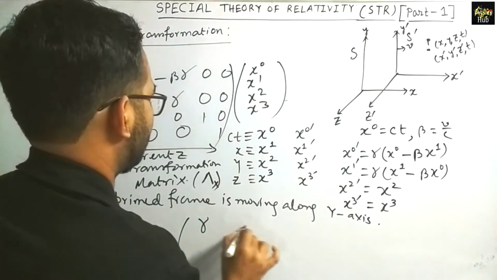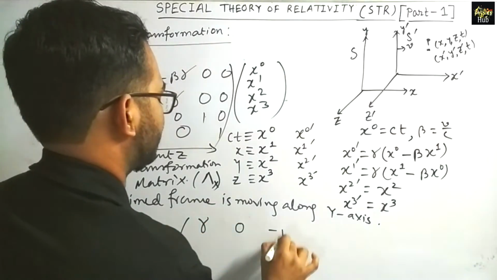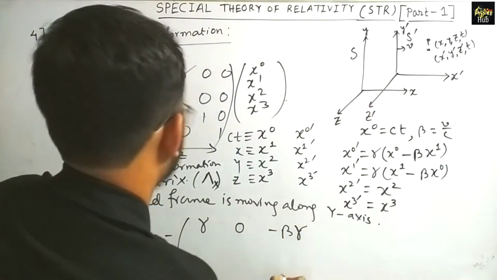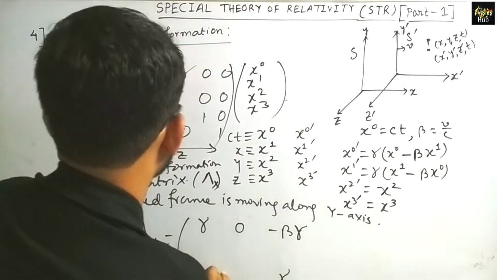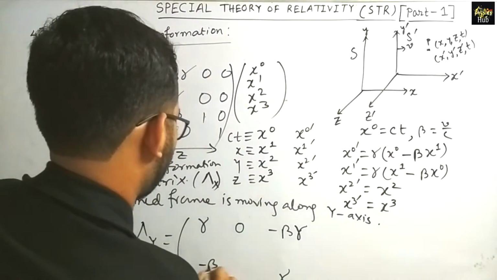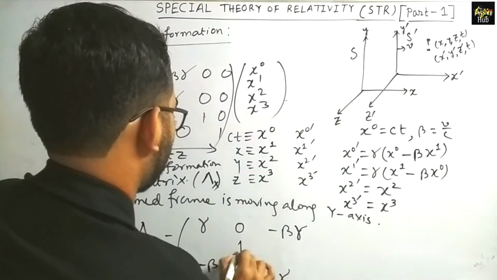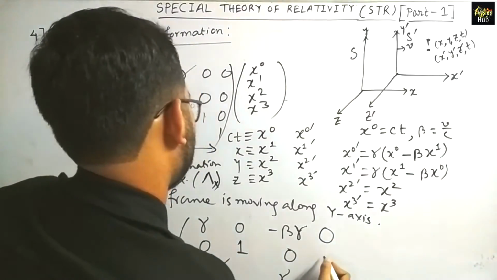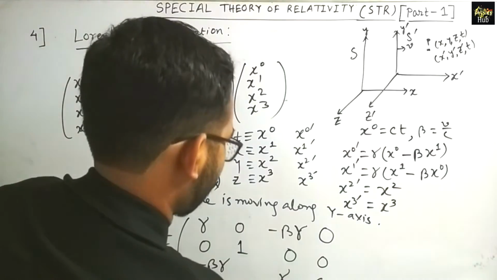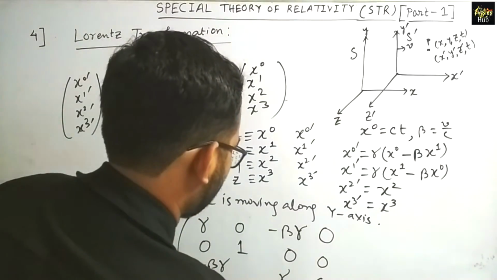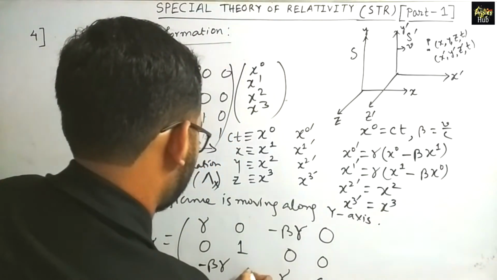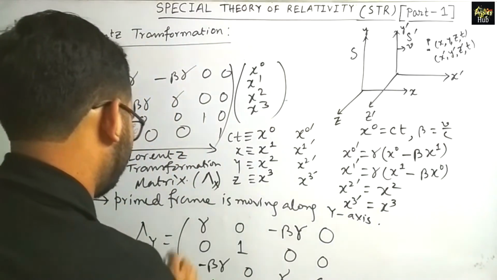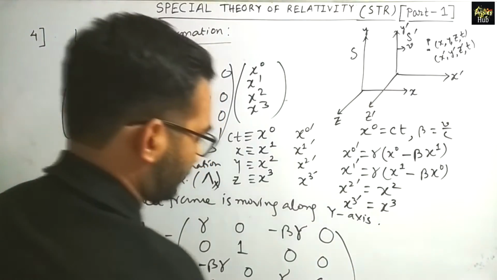Gamma, then 0, minus beta gamma, then this gamma comes here, this minus beta gamma will come here, and 1 will come here, 0, 0, 0. This will also be 0, and in the fourth place, as usual, it is 1, and the other terms will be 0. Okay, so this will be the transformation matrix.